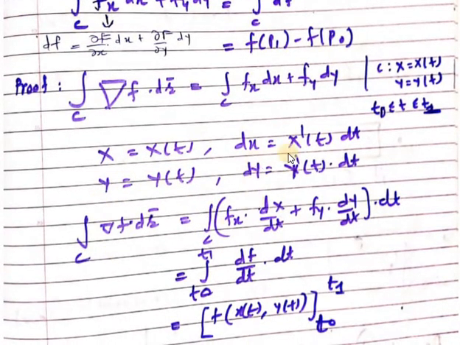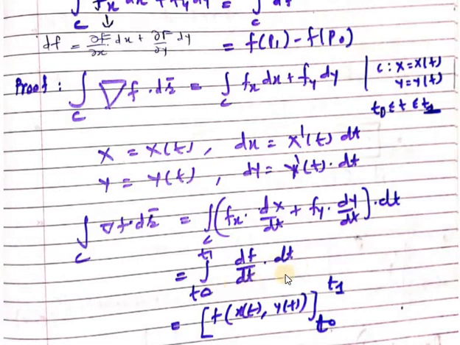When we put all these values here, what do we get? The line integral over C of f sub x dx can be written as f sub x times dx by dt, with dt common, and f sub y times dy by dt. But this is exactly the total derivative, df by dt into dt.